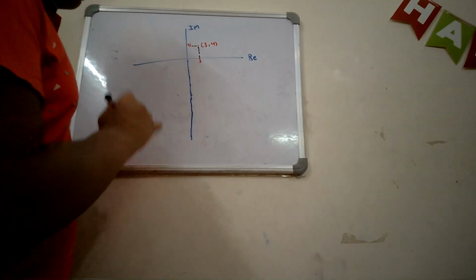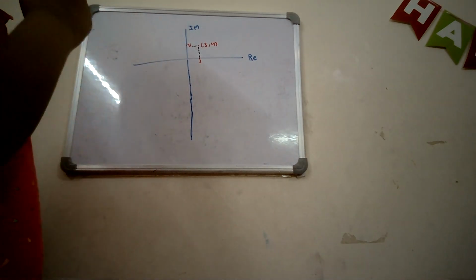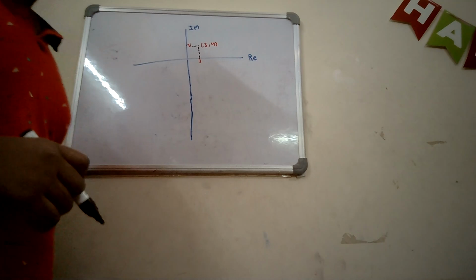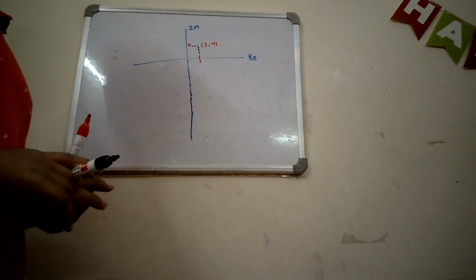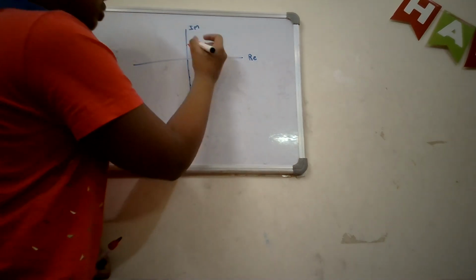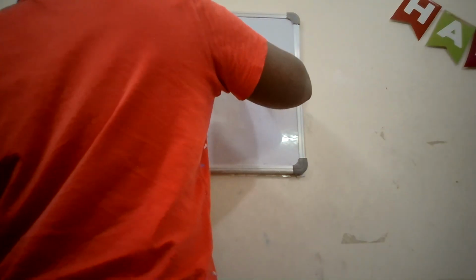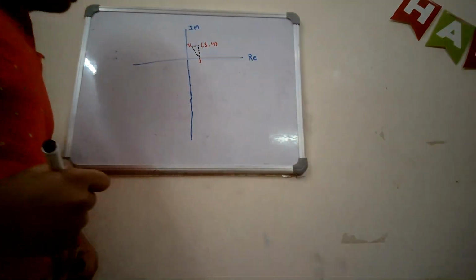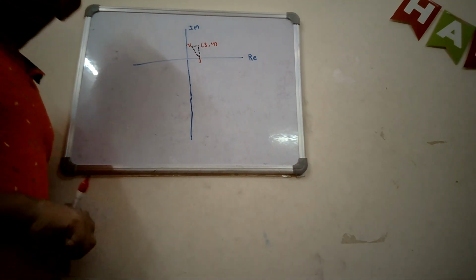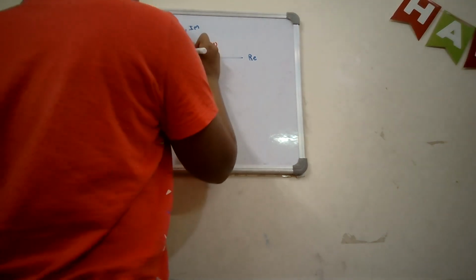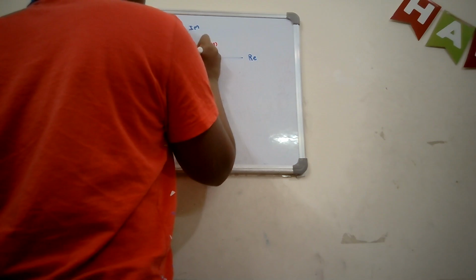As you connect these, now we're going to use the same concept as the argument. I'm going to draw a right angle triangle right here. The hypotenuse right here is the modulus.